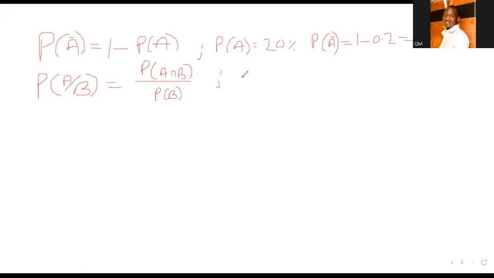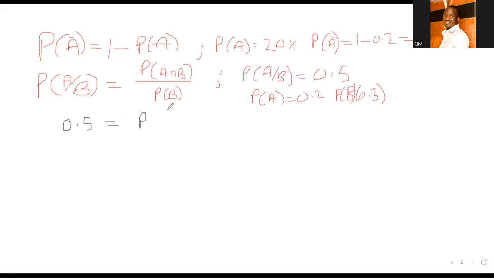So suppose you're told that the probability of A given B is 0.5, the probability of A is 0.2, the probability of B is 0.3. How do we find the intersection? Just substitute what we have here. What have we been given? Probability of A given B is 0.5.